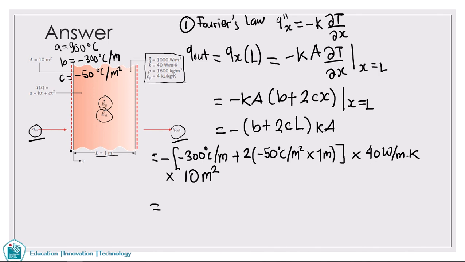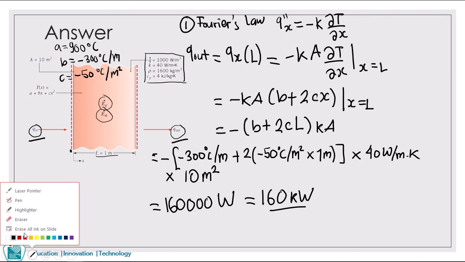So we get 160,000 watt, or equal to 160 kilowatt. This is for the Q out. If you need more time, you can pause the video. I will erase again.